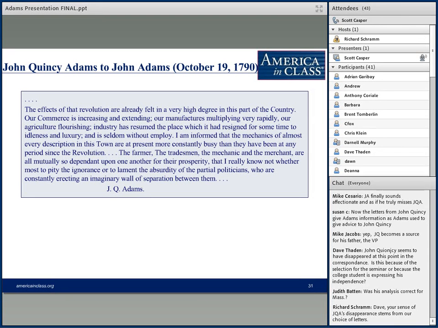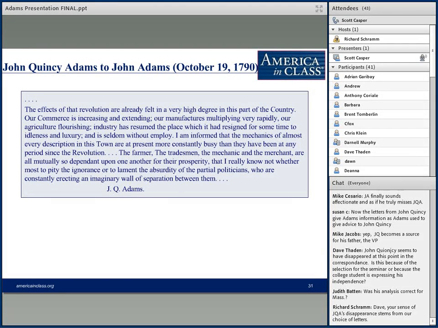Adams and the Adamses, having much more experience in urban life, have much more of a sense that the tradesmen, the mechanics, and the merchants are also parts of the political body.